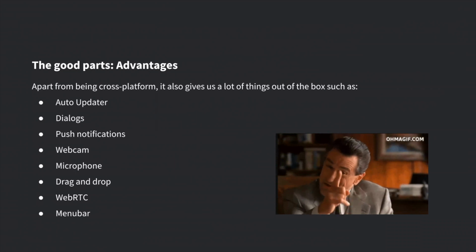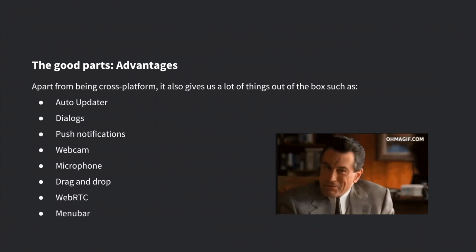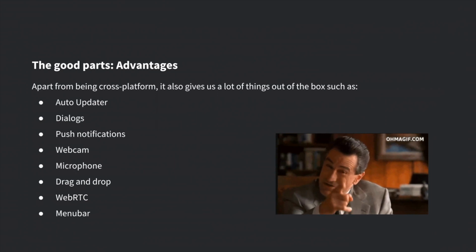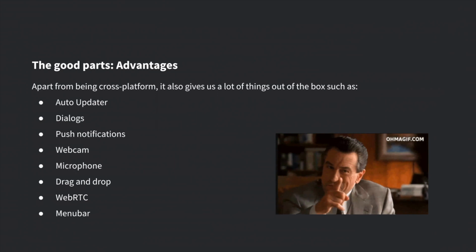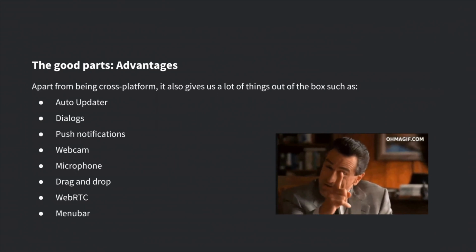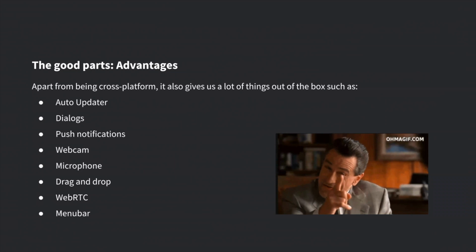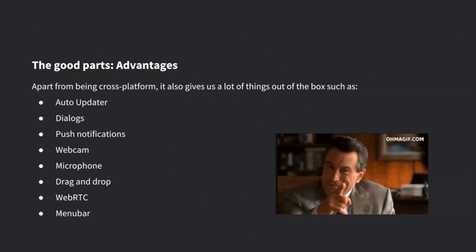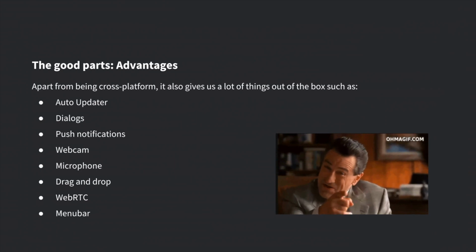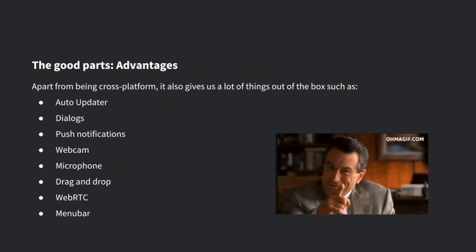Going into the advantages, the good parts of Electron.js, apart from being a cross-platform library, it allows you to develop for Windows, Linux, and Mac straight away, distributing for these three platforms. It has out-of-the-box features like access to the webcam, microphone, the usage of dialogues, push notifications, drag and drop, and it has a small component already pre-made.